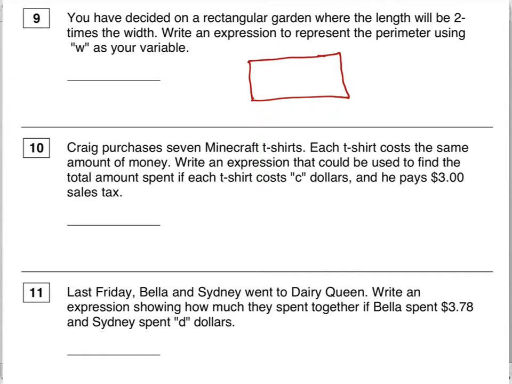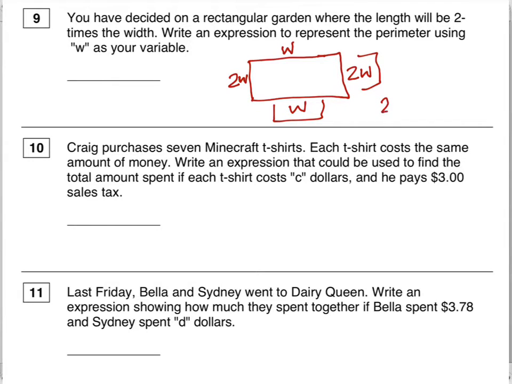So even though it doesn't make sense, I'm going to write that the width is right here, which is a W, even though it's longer, and then my length here is 2W. So what is this side? Well, this side is also W. What is this side? This side is also 2W because it is a rectangle.